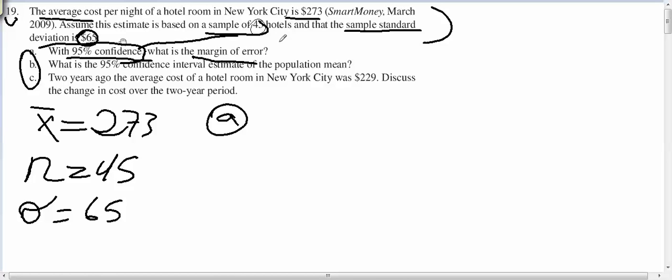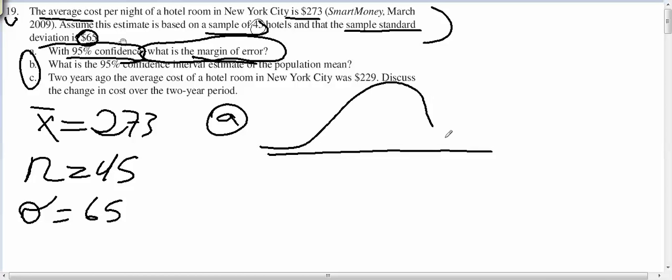And what do they mean by the margin of error? 95% confidence means that the probability of getting something is from negative z to z.